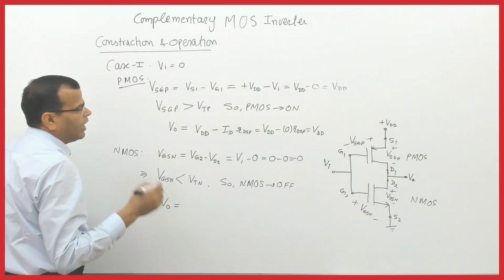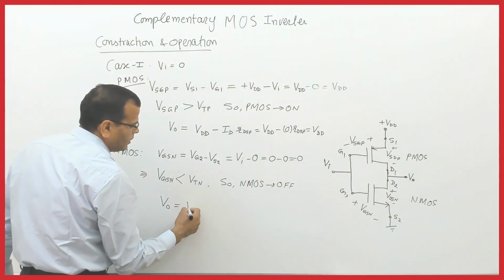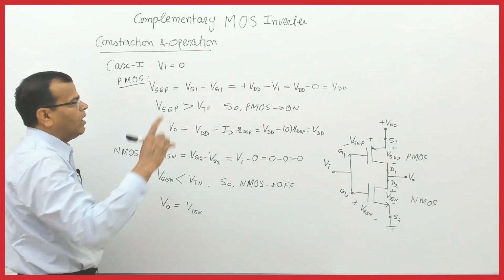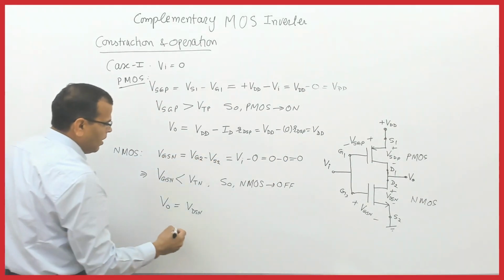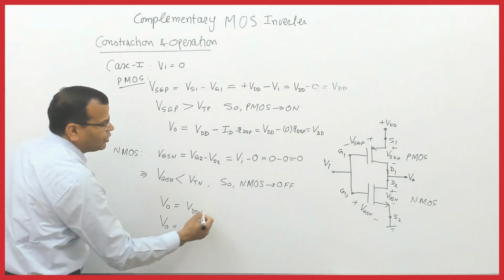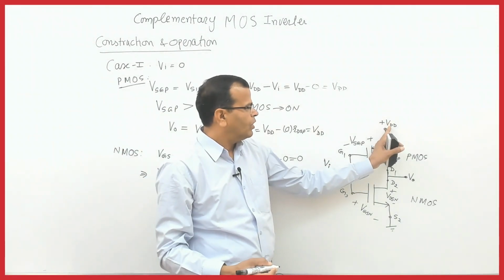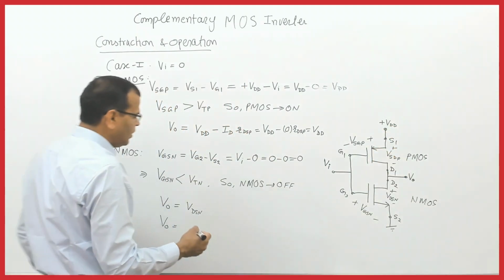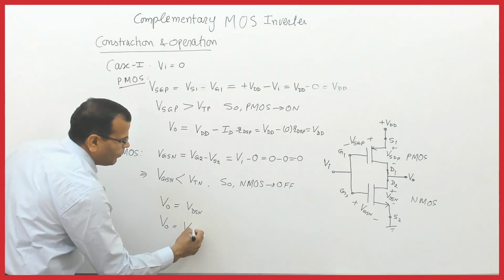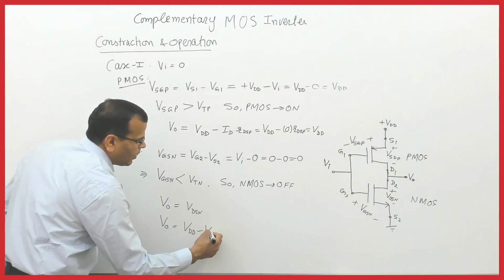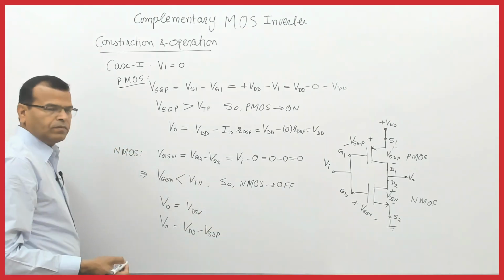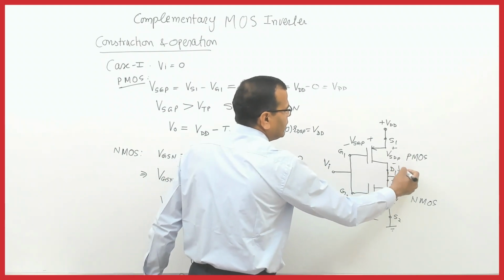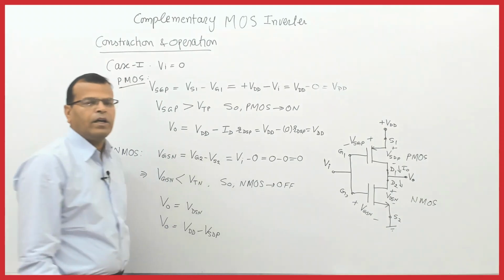The output voltage for NMOS is nothing but the same as VDSN. Fine. That is for NMOS. But simultaneously the output voltage here is nothing but this voltage, VDD minus VSDP. So this is VDD minus VSDP. Fine. Here the drain current is this, and that is equal to I0. I will say I0. Fine.